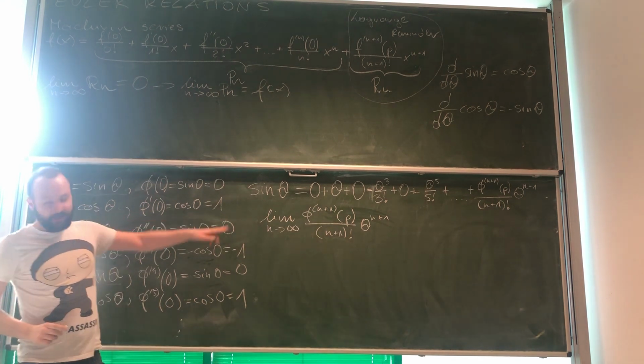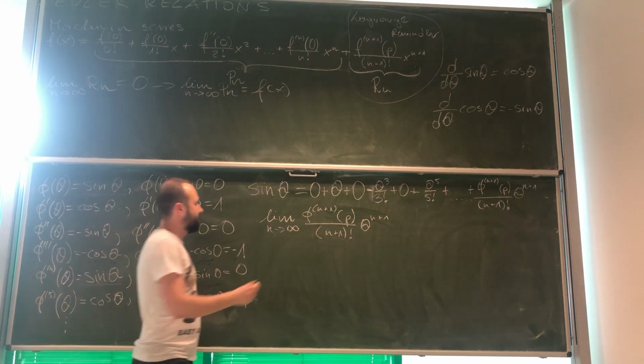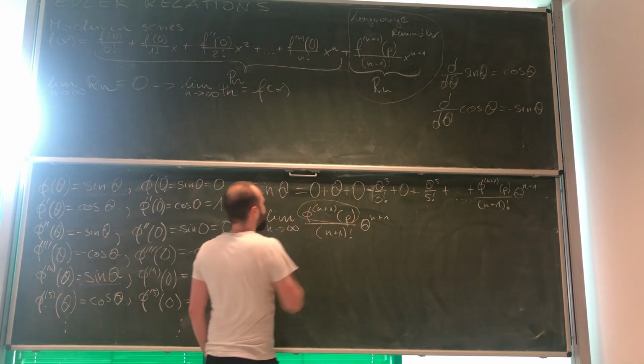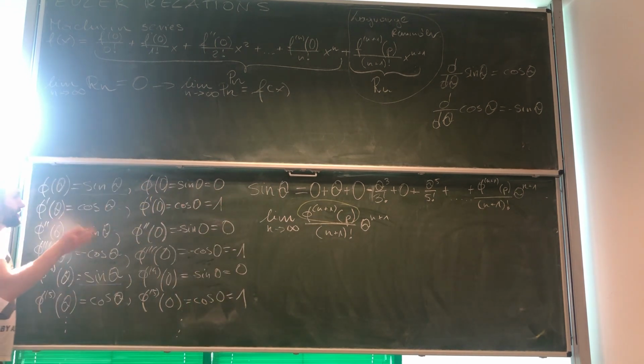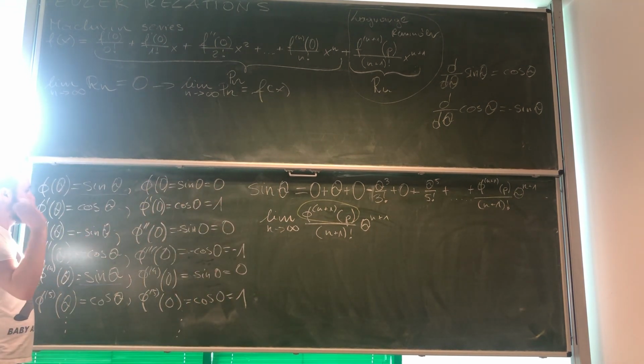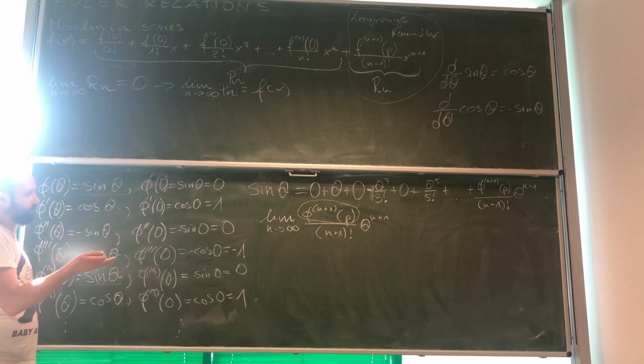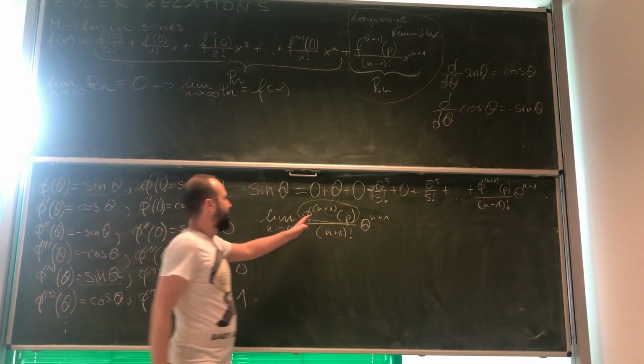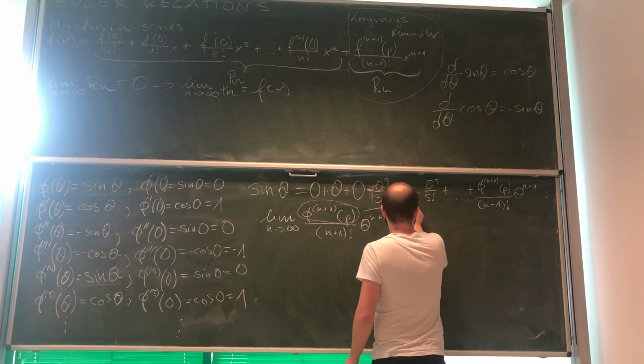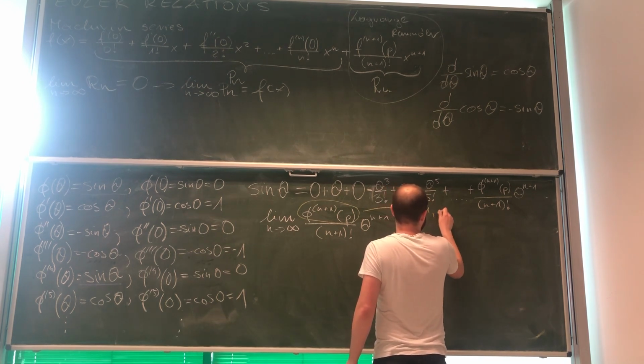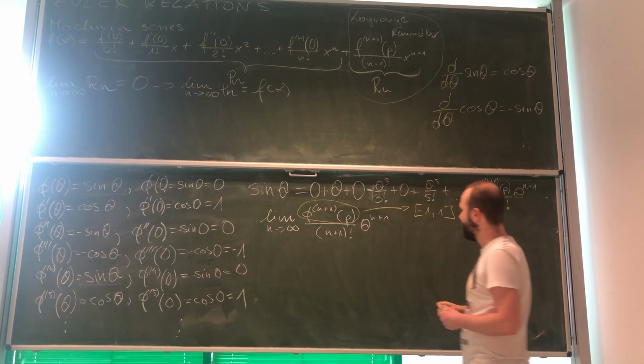Well, first, let's consider this expression. Look, this can be either sine, cosine, negative sine, or negative cosine, right? So this expression is always between -1 and 1.